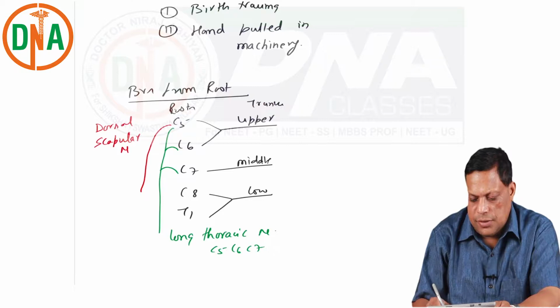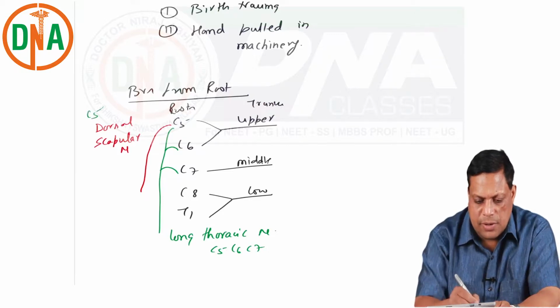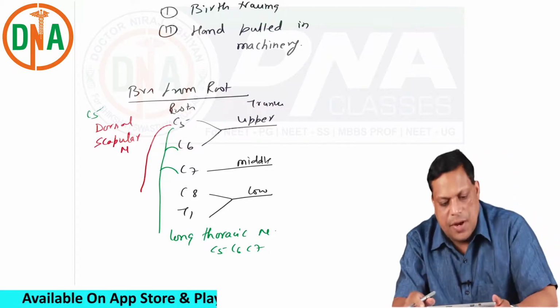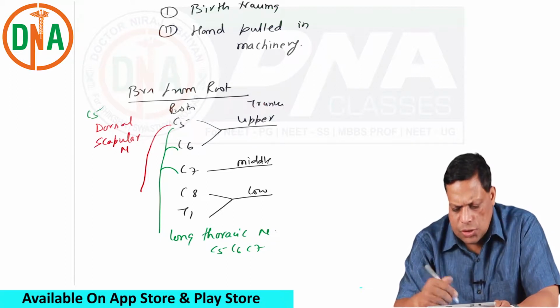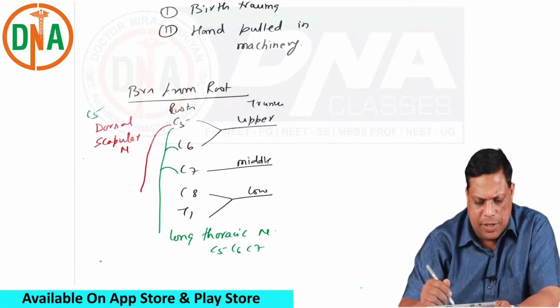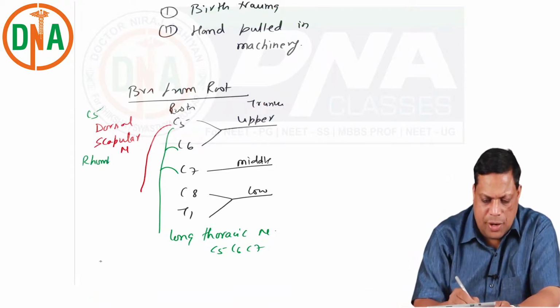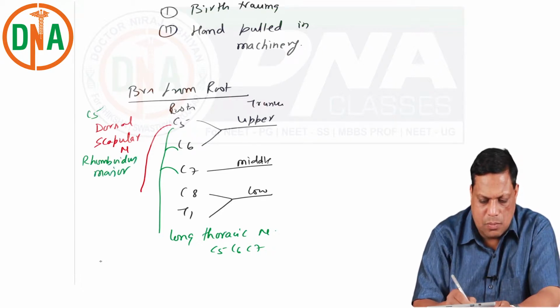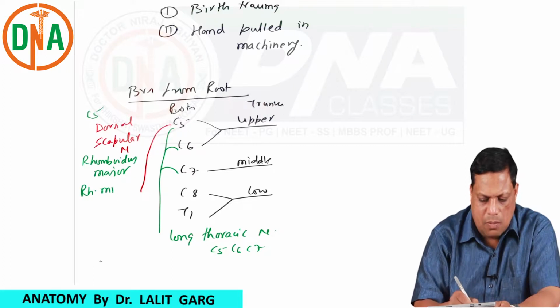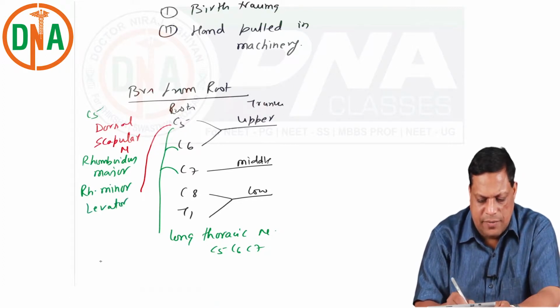Long thoracic nerve C5, C6, C7. Dorsal scapular nerve, this is the C5. So see, this dorsal scapular nerve is applied to rhomboid major, rhomboid minor and levator scapulae.